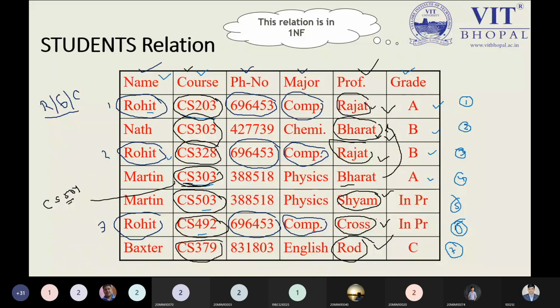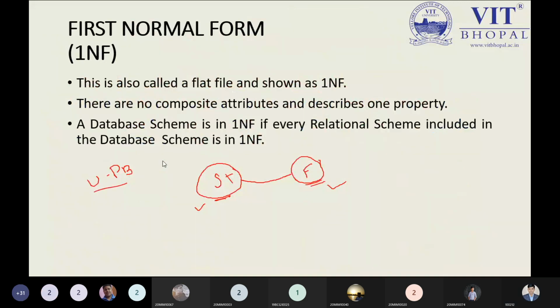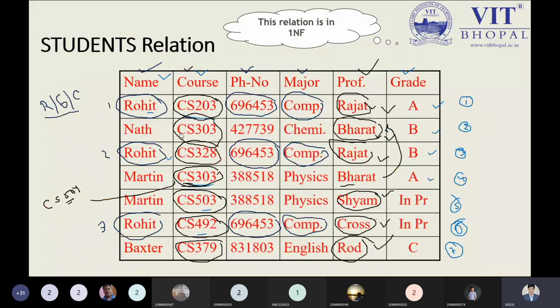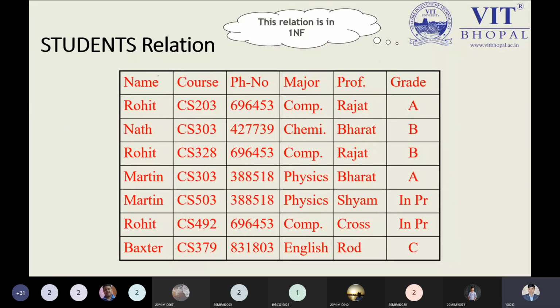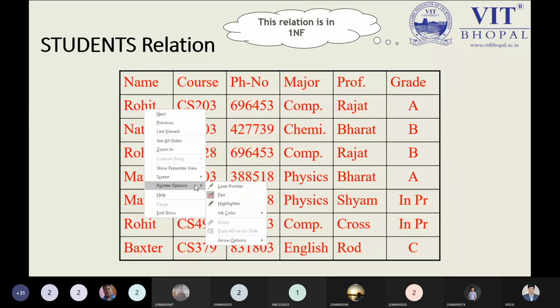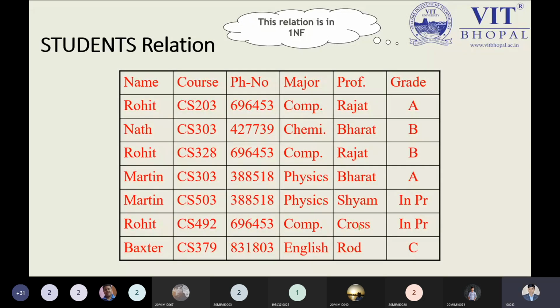If you observe over here, let me mark some duplicate parts. See, Rohit in such attribute is having the same value. Martin is also having the same multiple times.